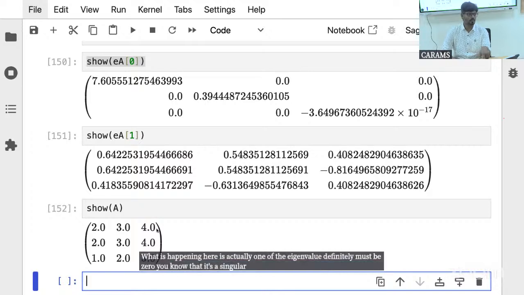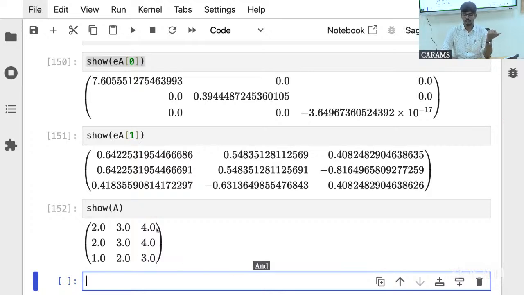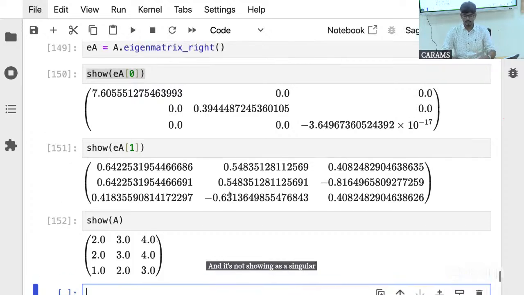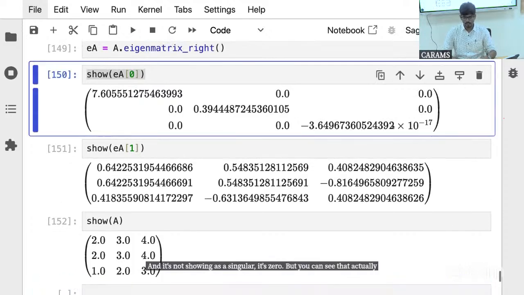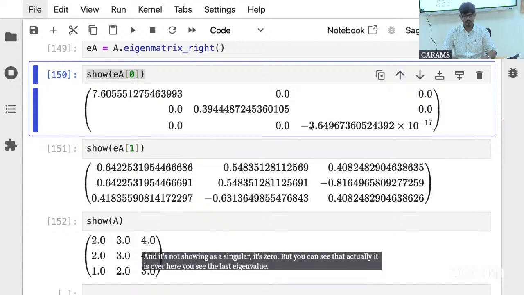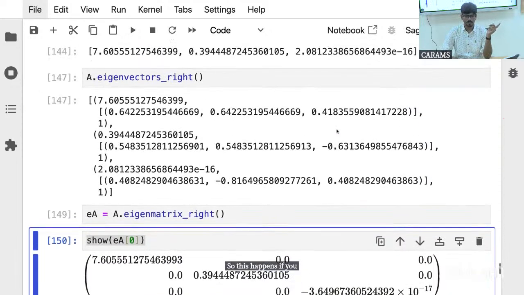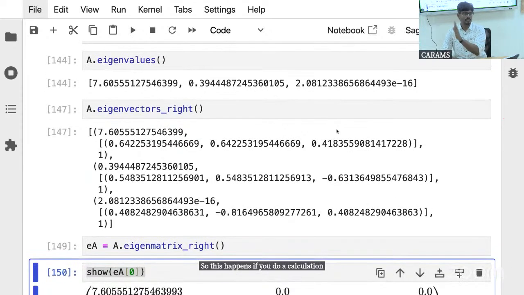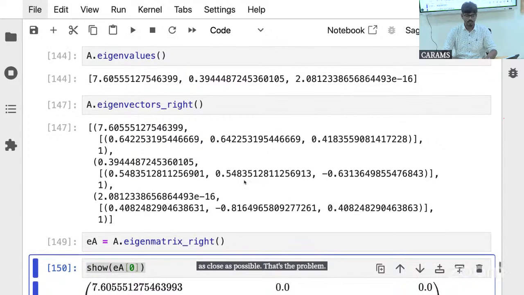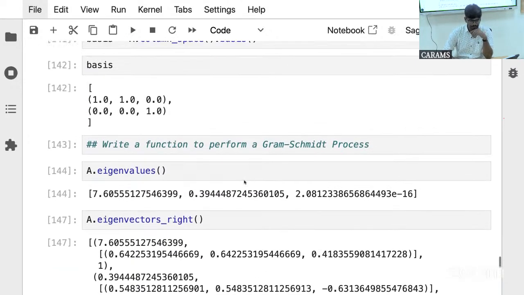So rank is 2. And it's not showing as a singular, it's 0. But you can see that actually it is over here. You see the last eigenvalue is minus 3.64 into 10 to the power minus 17, which is almost close to 0. So this happens if you do a calculation in the multi-precision arithmetic. So it's trying to make it as close as possible. That's the problem. Yeah. So probably if you do it on CDF, this will not be a problem.